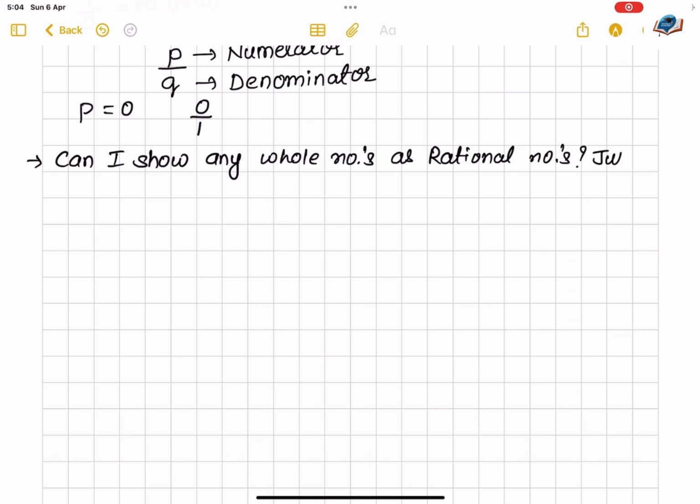So I can say yes, as 0 upon 1 or 1 upon 1 or 2 upon 1, like that you go on doing, are all rational numbers.